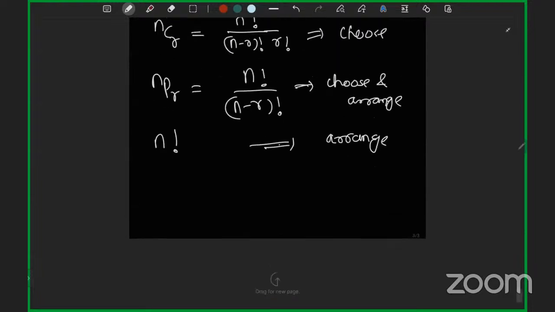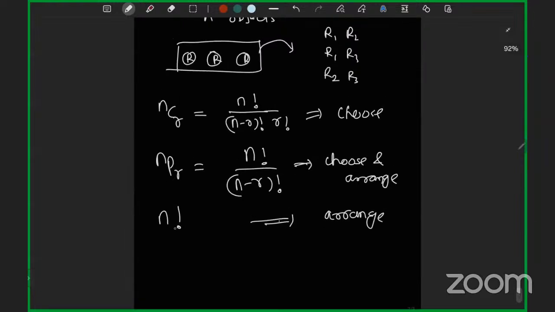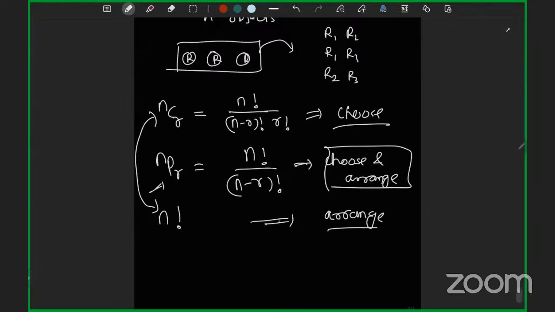So you kind of get the idea that these two can form this. This is arrange, this is choose, and this is choose and arrange. If you write that, it is multiplication. Choosing is like nCr. Then if you multiply that with n factorial, you'll get nPr. Okay, that's how you get this.